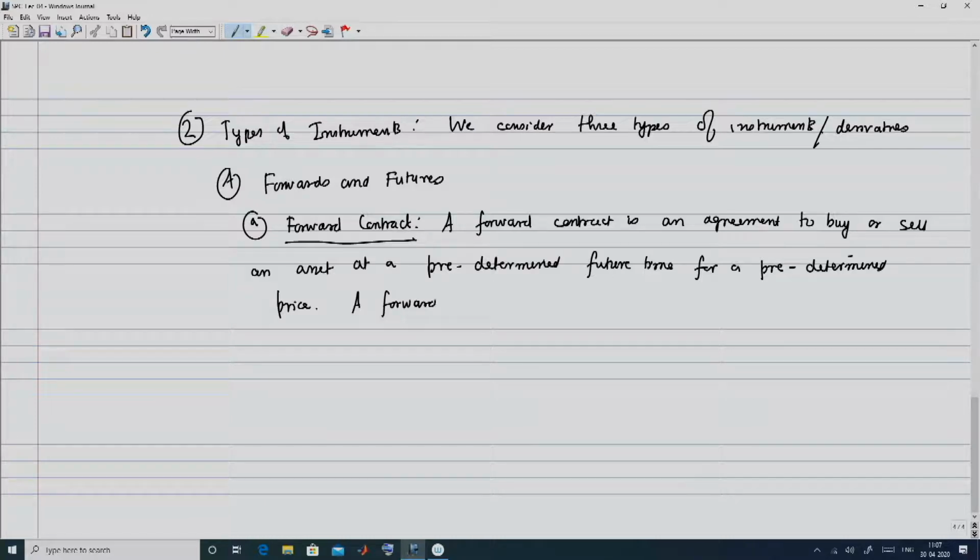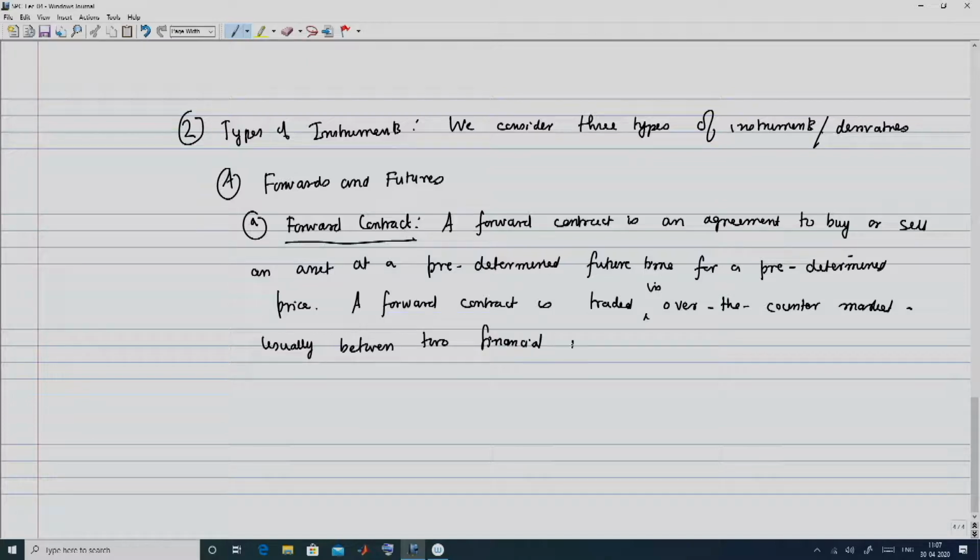And another characteristic of a forward contract is that it is traded in the over the counter market, usually between two financial institutions or between a financial institution and one of its clients.